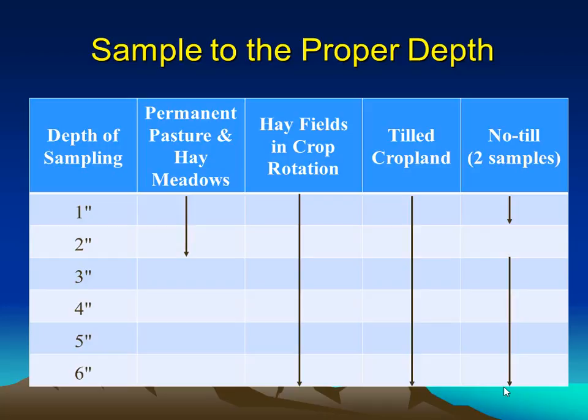If it's no-till corn land, we recommend the top 1 inch, and then from 2 to 6. Another way you could do it, which will give you good information, pull a full 6-inch sample, break off the top inch for pH, and then just use the rest of that sample for everything else.